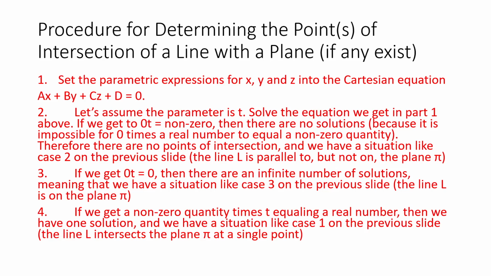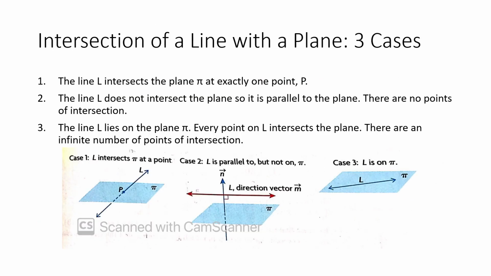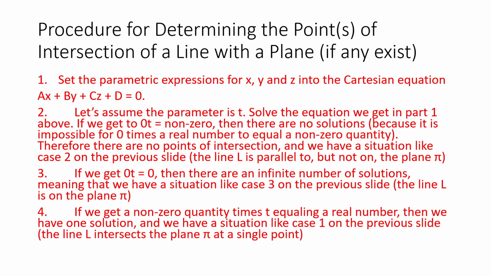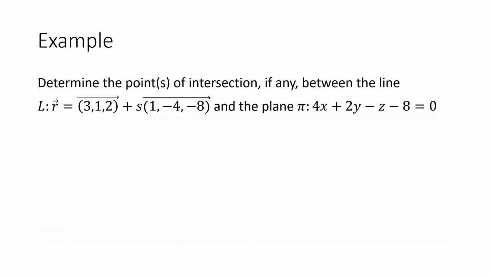There are an infinite number of solutions to the equation 0t equals 0. And finally, if we get a non-zero quantity times t equaling a real number, then there's one solution to that. And we have a situation like the first diagram on the previous slide, where the line is intersecting the plane at a single point.